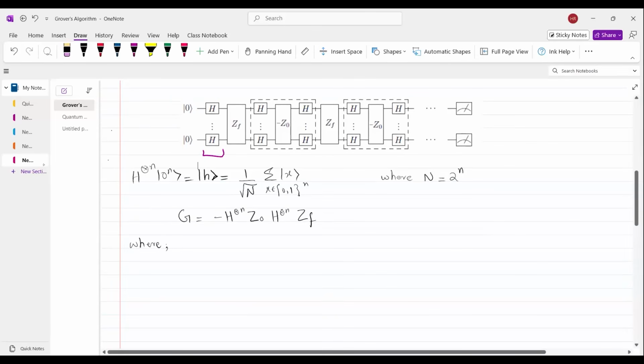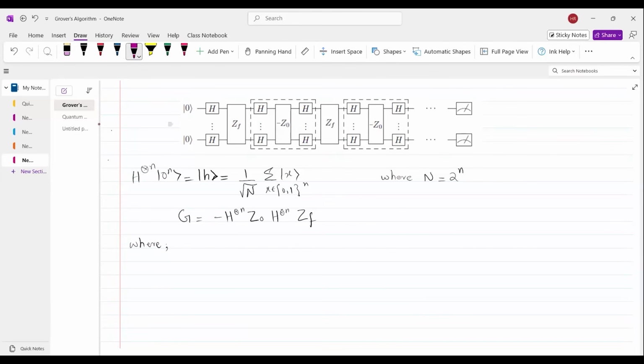Okay, so this is a circuit representation of Grover's algorithm. There is an extra qubit also involved over here, which is not represented, but we can suppose that it is also included.